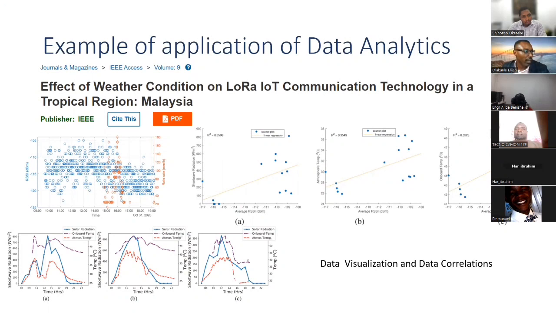It helped me discover a trend during the daytime: there's a correlation with the solar radiation. You can see the solar radiation going up and down. Then, of course, with temperature. Based on that, I was able to detect that the solar radiation has a positive correlation to my received signal strength.